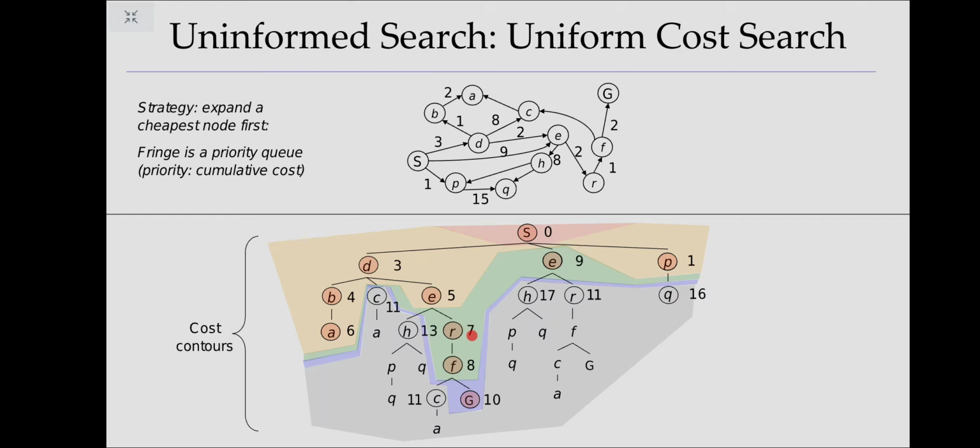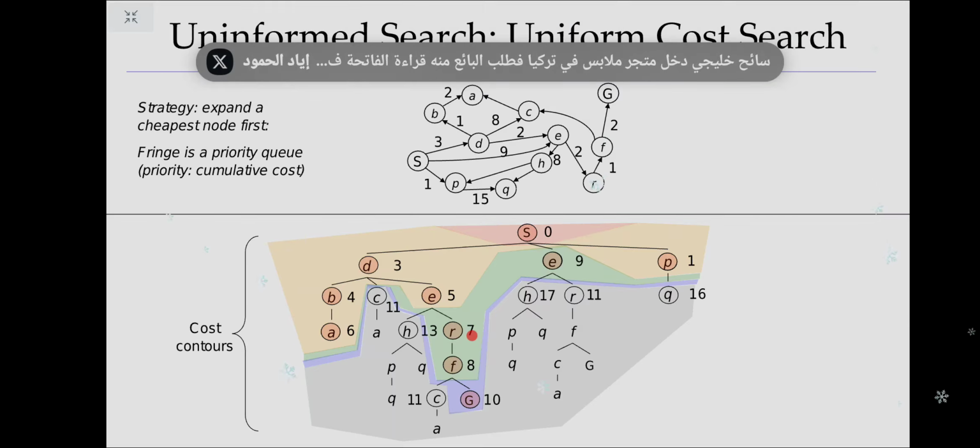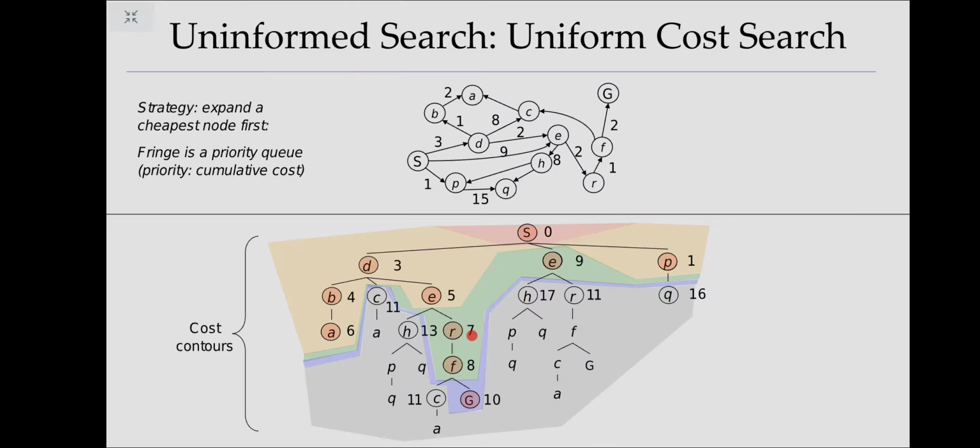Again, we compare the costs. 7 is the best. We continue from this node.